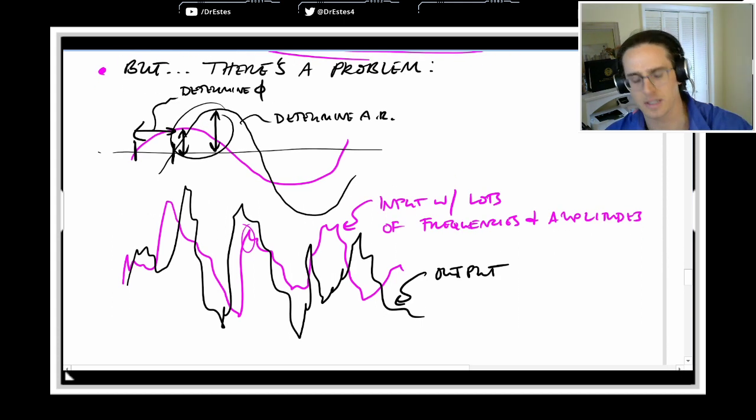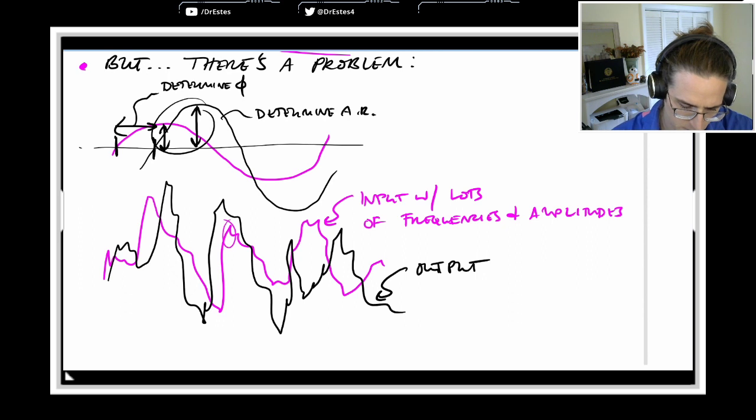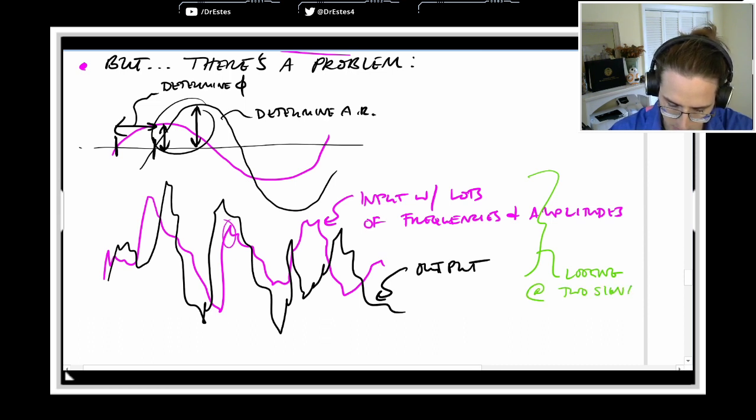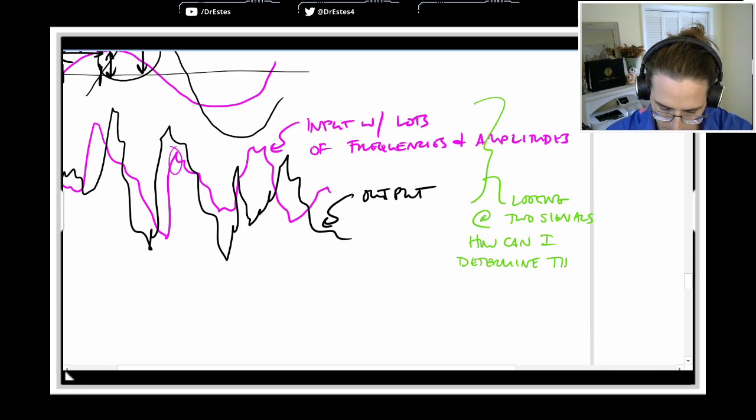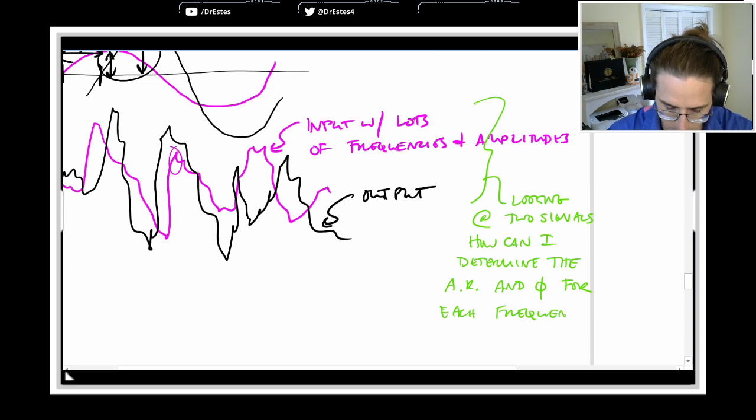So the question is, looking at these two crazy signals, how can I determine the amplitude ratio and phase angle for each frequency component?